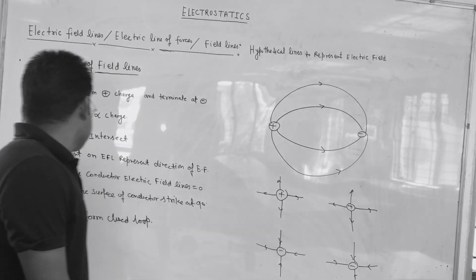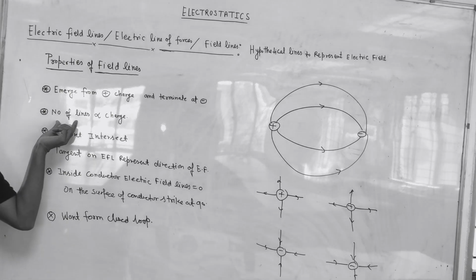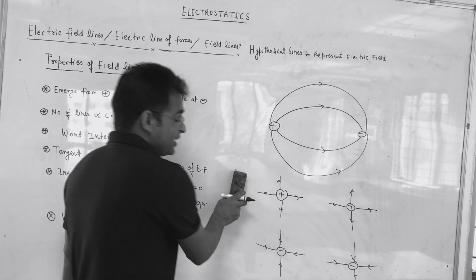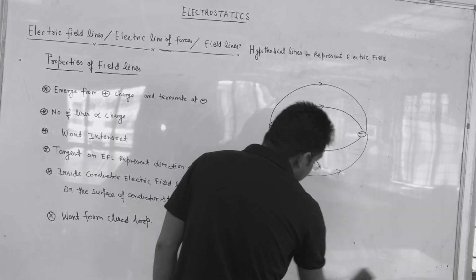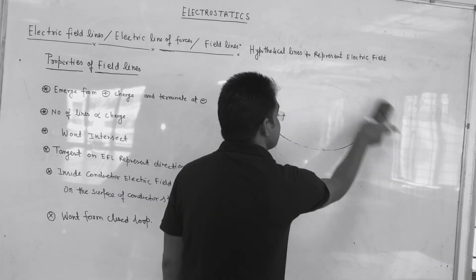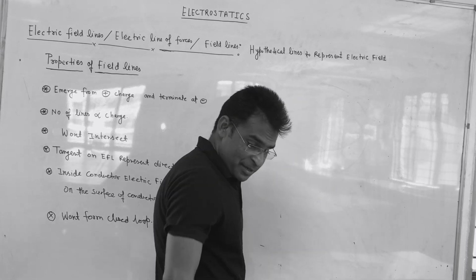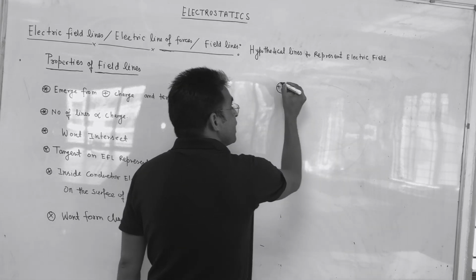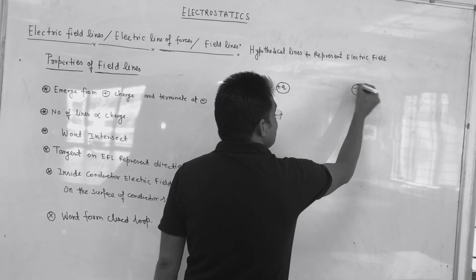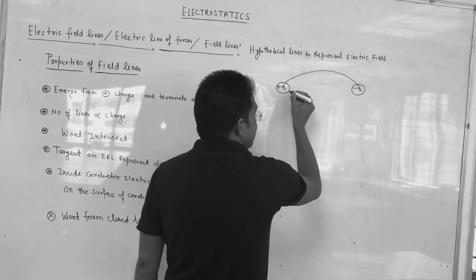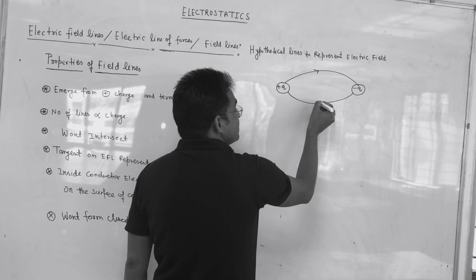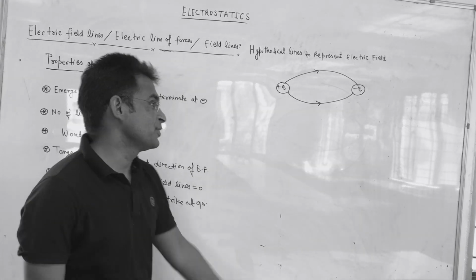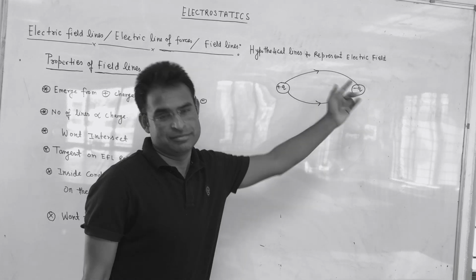Now, the second property: the number of lines is directly proportional to charge. What does it mean? More charge means more lines, less charge means fewer lines. For example, this one is a plus q charge and this one is a minus q charge. If two lines emerge from the positive charge, how many lines end over here? Two lines, because the ratio of these charges is 1:1.